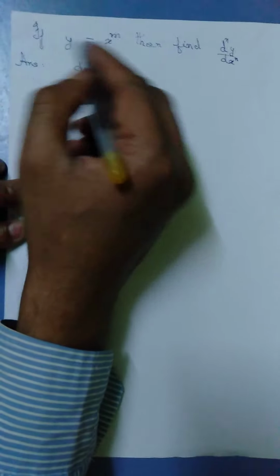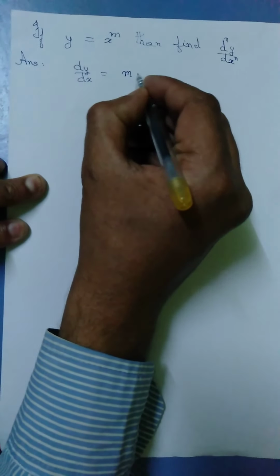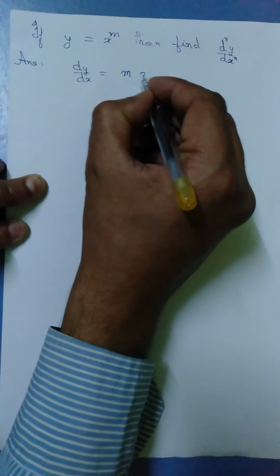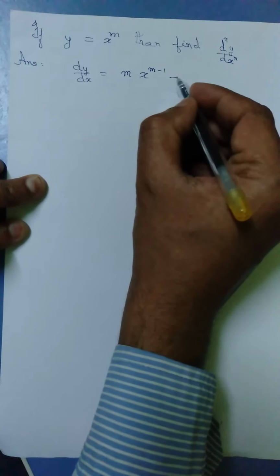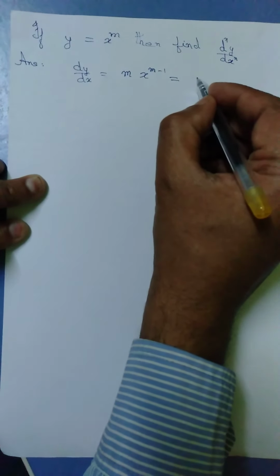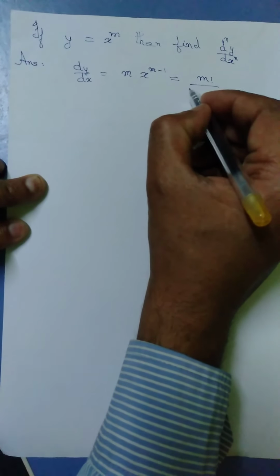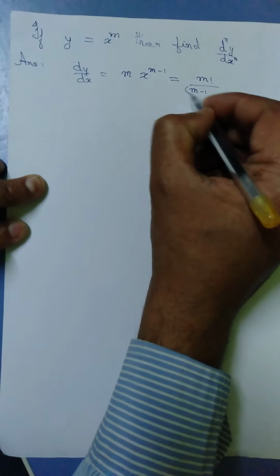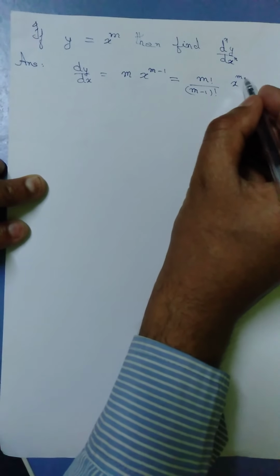We just need to differentiate both sides, and we have m into x to the power m minus 1, and that's equal to factorial m by factorial m minus 1 into x to the power m minus 1.